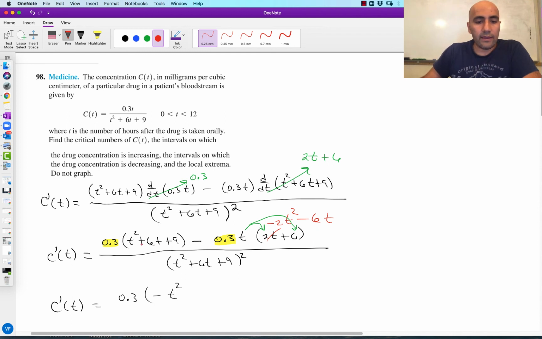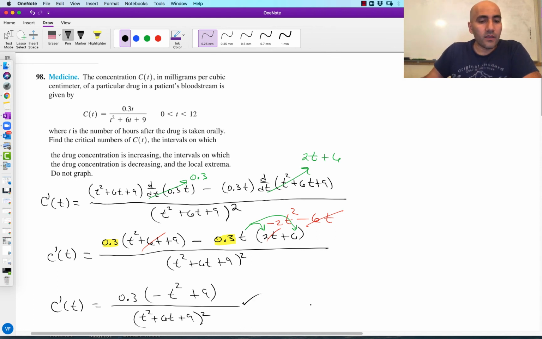And then I have a plus 6t, and there's going to be a minus 6t. So this one and this one will cancel out. And so next we just have this plus 9 right here. So plus 9. And all of this gets divided by t squared plus 6t plus 9, quantity squared. That whole thing squared.